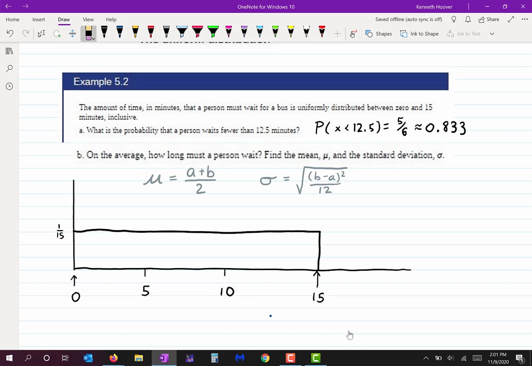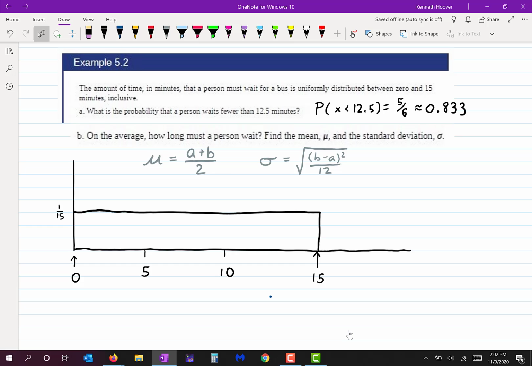Okay? So let's answer that question. Part B. What is the average wait time? So the average wait time would be 0 plus 15 over 2, which is 7.5. So the average wait time is 7.5 minutes. You need to write the word minutes, otherwise there's no meaning there.